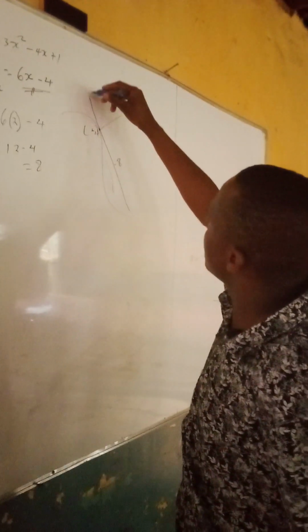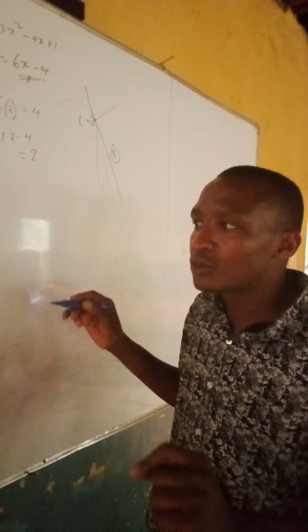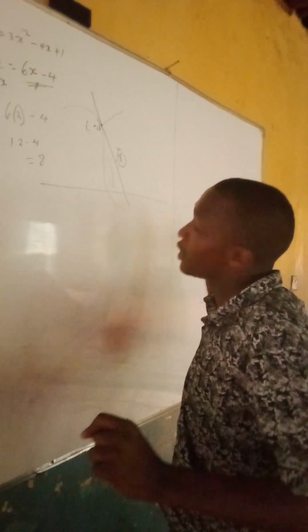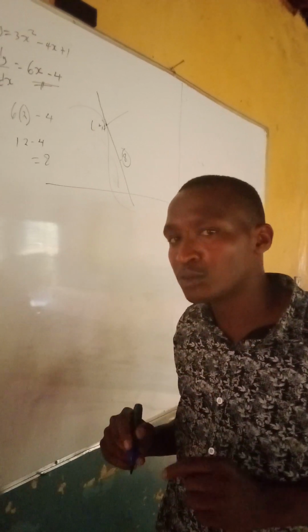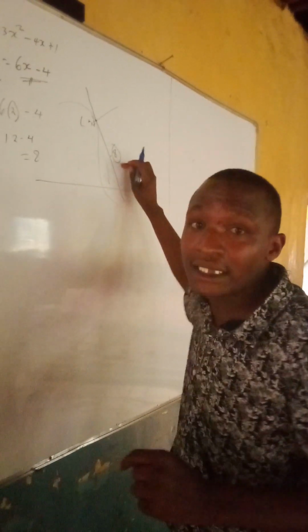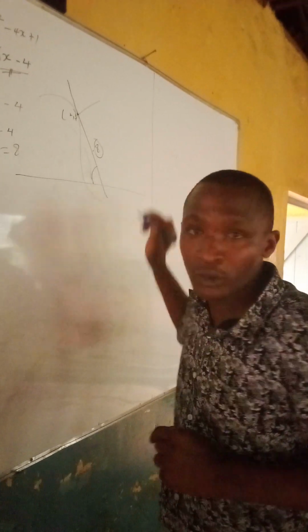So if the gradient of this tangent is 8, for us to find the angle it makes with the horizontal, that's the x-axis, using knowledge from the topic of rotation in Form 2, we always know that the tan inverse of its gradient will give you the angle it makes with the horizontal.